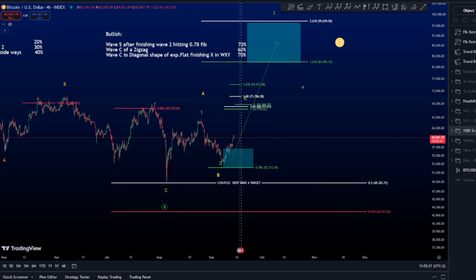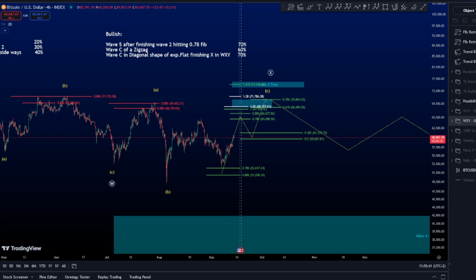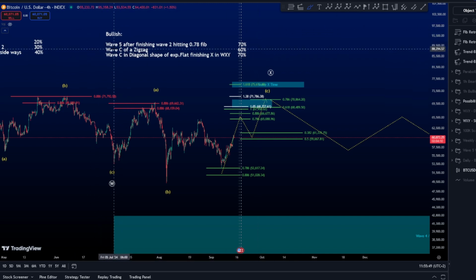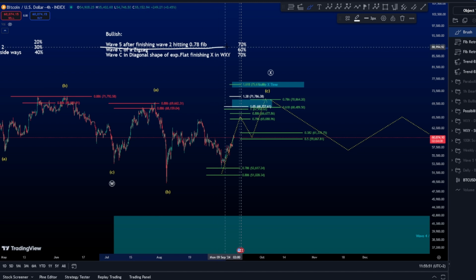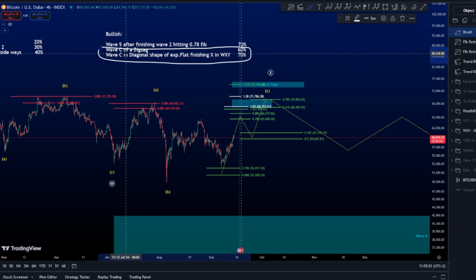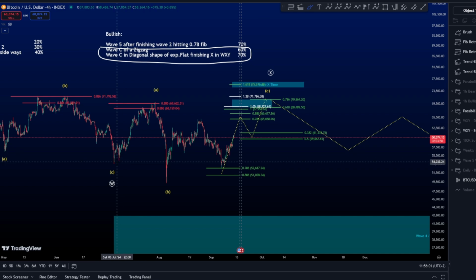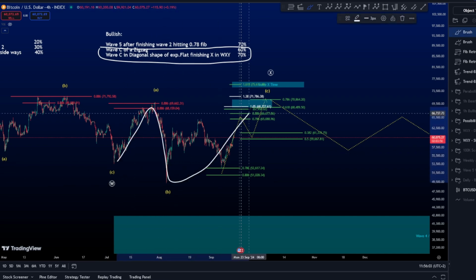Now another scenario that can happen is sideways, in case we are bullish, in case one of these bullish scenarios here has worked. It means those two, whether wave C in a zigzag hitting exactly the 1-to-1 here, or a wave C in expanding flat, hitting this target here.